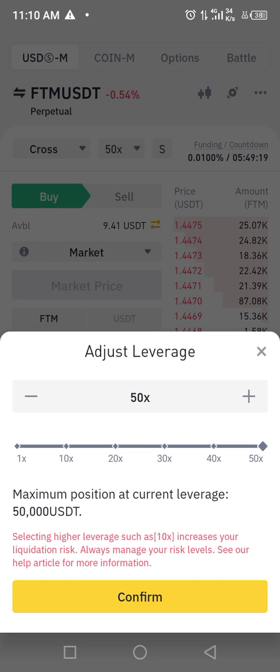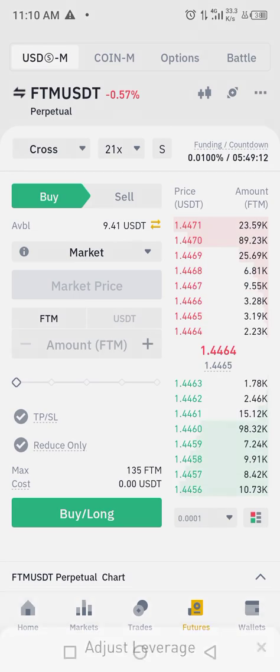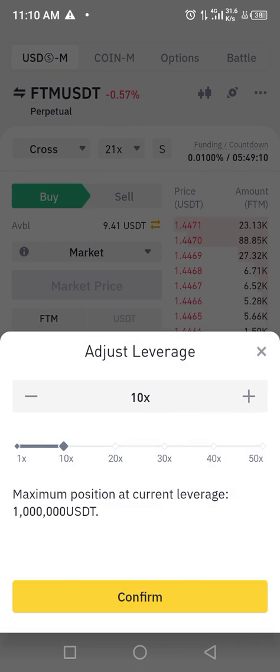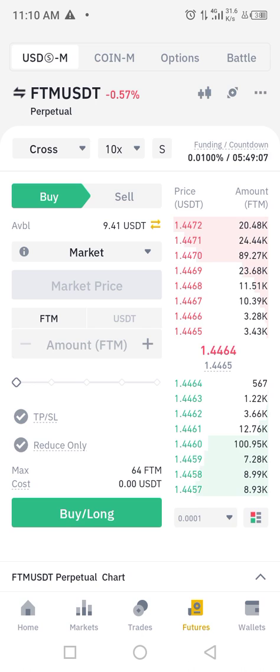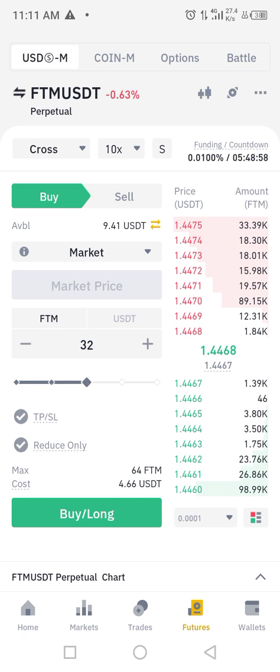So as a starter, I advise you to use a lower leverage, maybe 20x, 5x, 10x. Let's say we use 10x. When you are opening your position, use either 25% or 50%, don't use more than 50% of your balance.